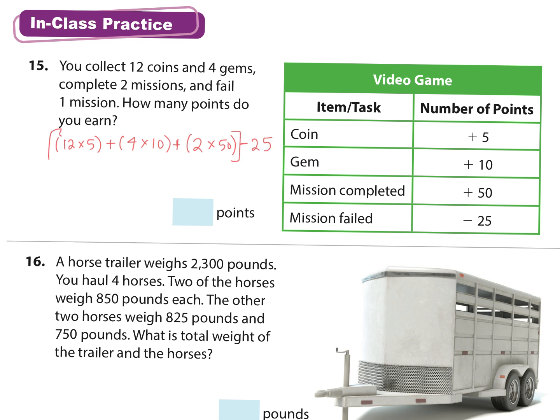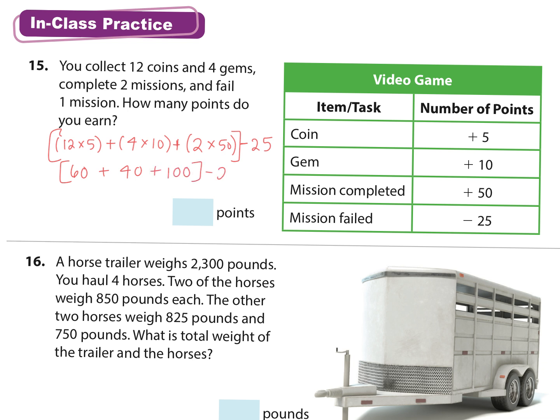So I'm going to do all of this first. 12 times 5, which is 60. Okay, now if I'm going to kind of condense each part, I'm going to do 60 plus 4 times 10 is 40 plus 2 times 50 is 100.